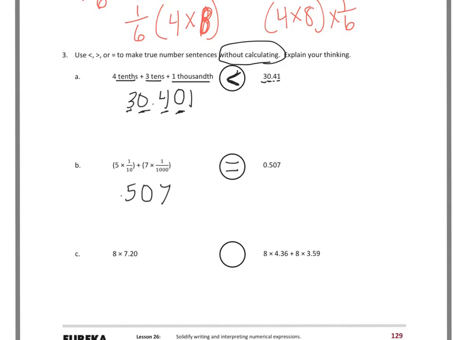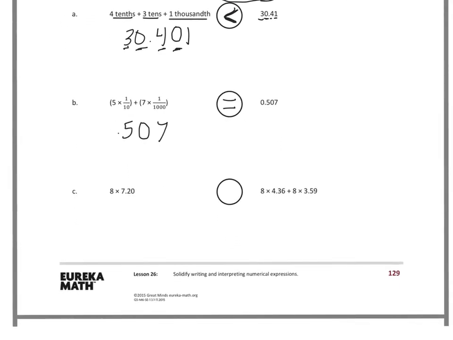This bottom one, I'm going to be able to do really without doing calculations, because I see I have 8, and I have 8s over here, and I'm multiplying by 7 2/10. Well, this is broken apart, but I see I have a 4 and a 3 to make 7, but I have a 3 here and a 5 there, which is higher than 2/10.